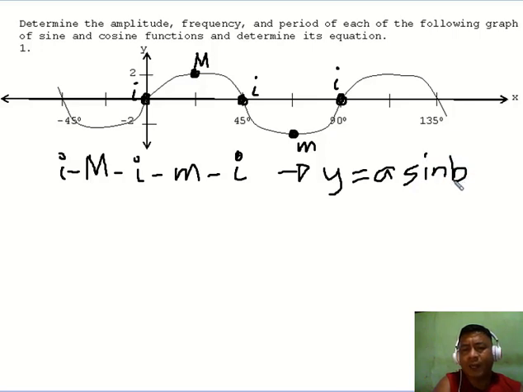So this is simply the graph of the sine function.